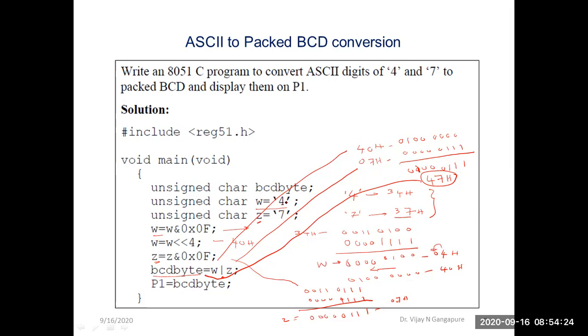So these ASCII codes in W and Z, that is 34, which is of 4, and 37, which is of 7, we have converted to a packed BCD number, that is 47, and that 47 we are outputting to port 1, because that has been asked: convert ASCII digits 4 and 7 to packed BCD and display them on port 1. So here we are displaying 47 on port 1. In this way we can convert ASCII to packed BCD.